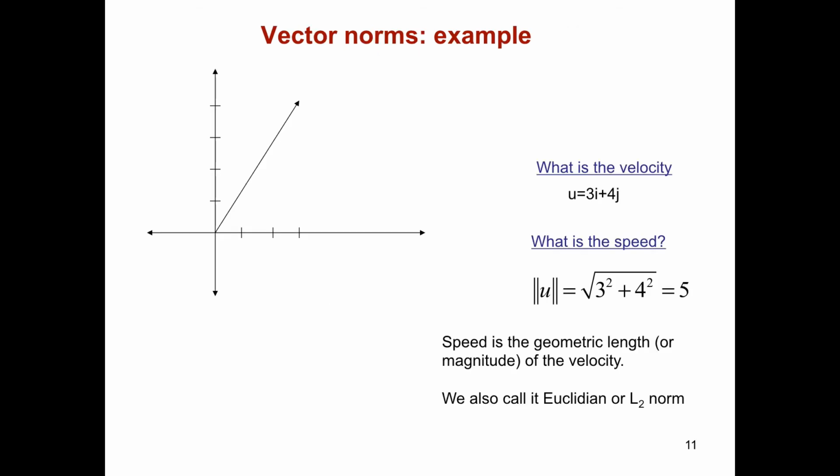Now, let's see what these norms should be. One of the famous vectors is velocity. If I have a velocity, I'm running with a certain speed, but I also have a direction. I could be running in this direction, or I could be running in the opposite direction, right? So velocity in itself is a vector.